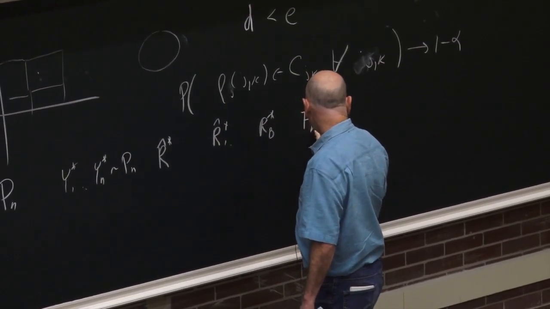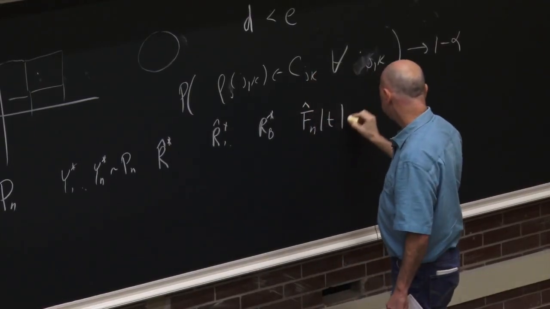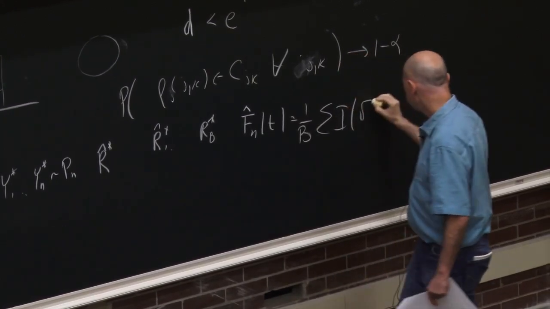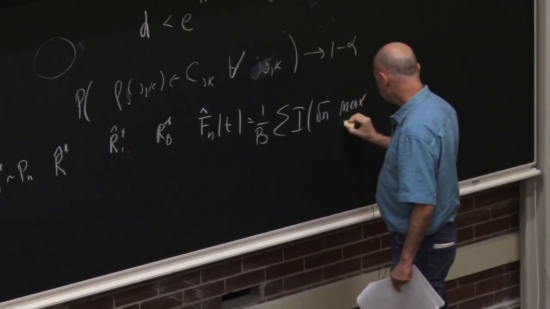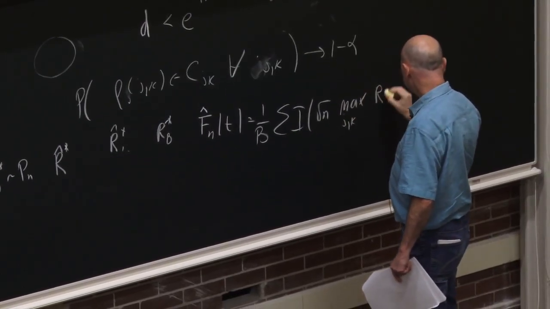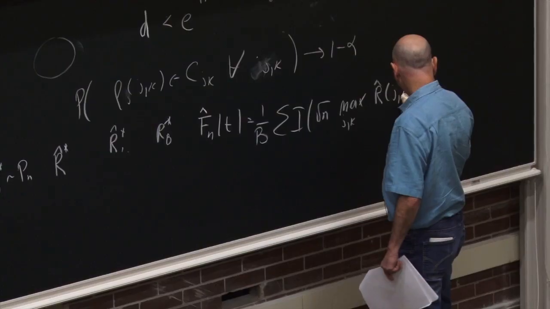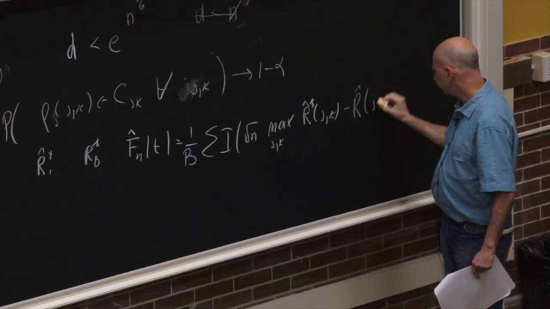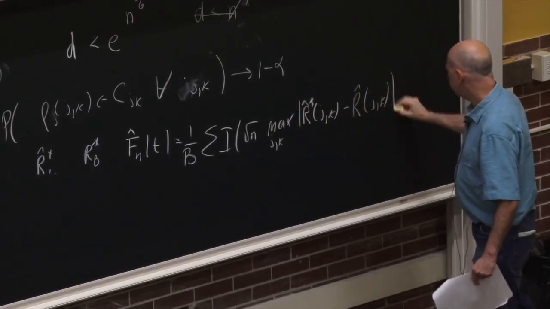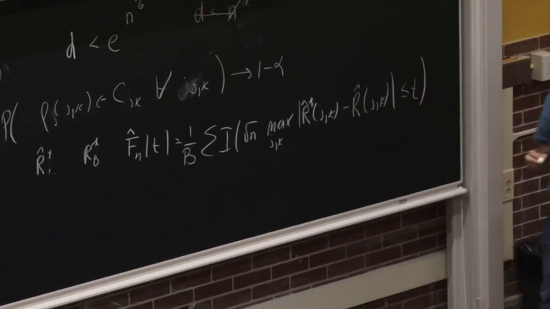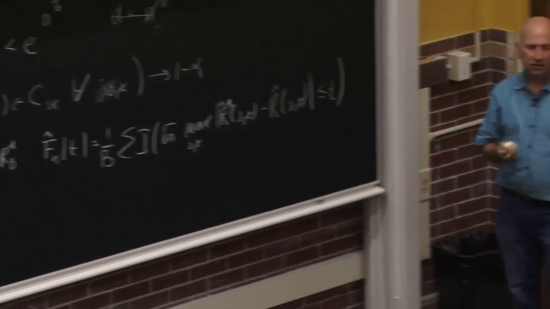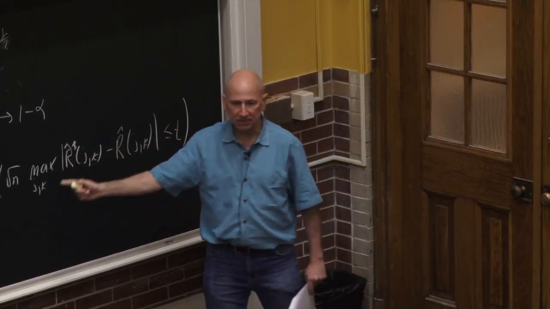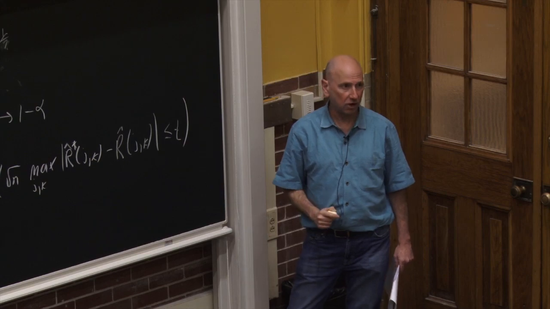And then we estimate fn with fn hat, which is just how often in the bootstrap sampling this compared to this ends up being less than t. This is just the bootstrap empirical distribution. The key again is that the measure of distance we're using is the maximum over all pairs of edges in the graph.